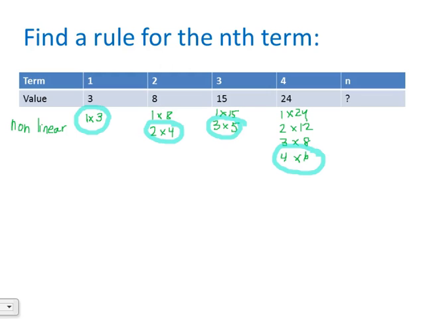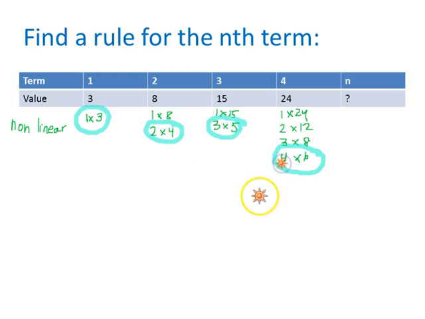The pattern that I found between the factors that I circled is that from 1 to 3 we add 2: 1 plus 2 gives us 3. So we're adding 2 to our first factor, and then we get our second factor. Same here, if we add 2 to our first factor, we get 4. If we add 2 to our first factor, we get 5. If we add 2 to our first factor, we get 6. So these are the factors that have a pattern.